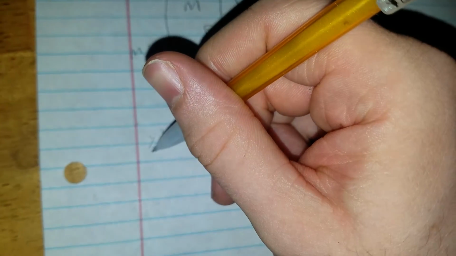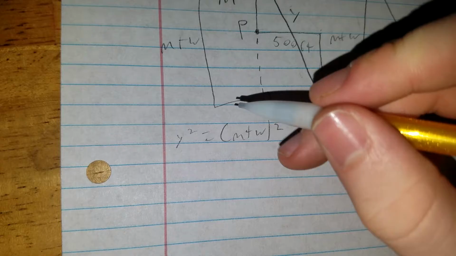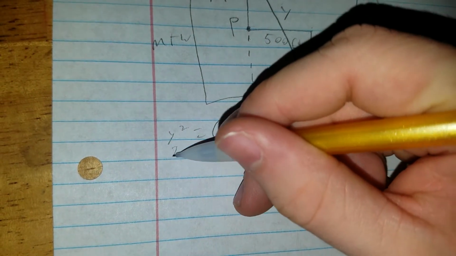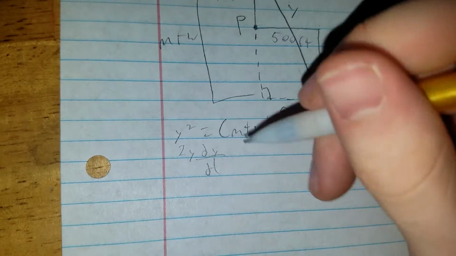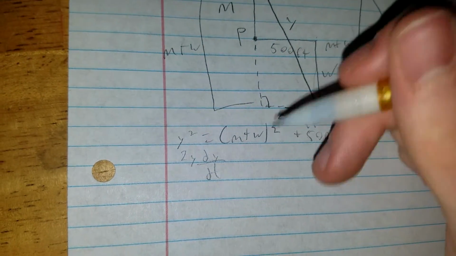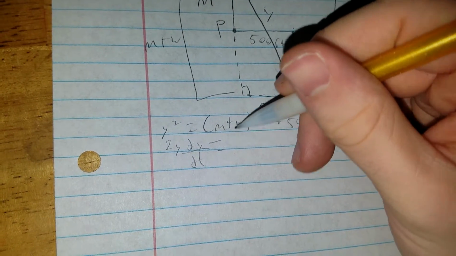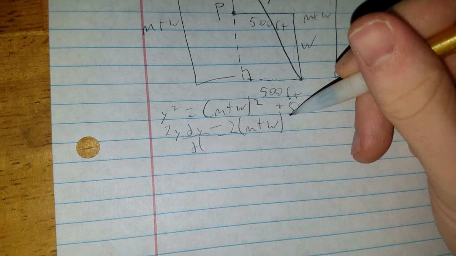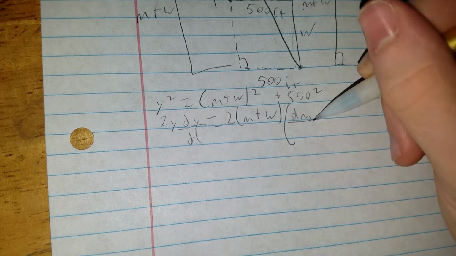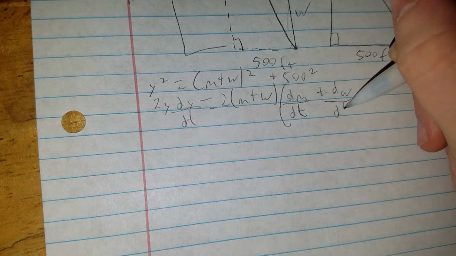We have 2y times dy over dt, because we take the derivative and then add dy over dt, equals 2 times (M plus W) times dm over dt plus dw over dt.